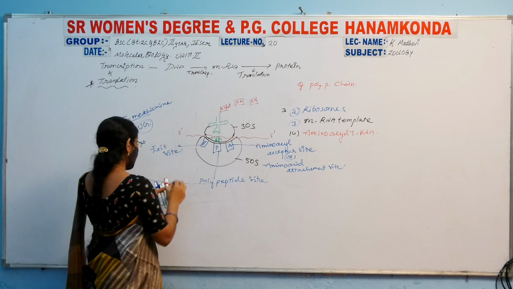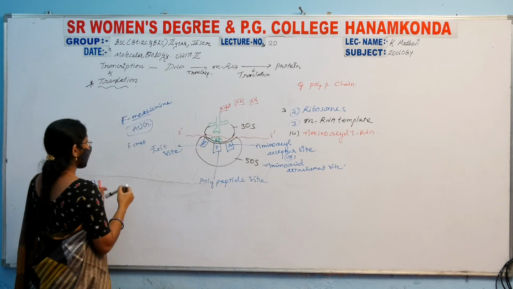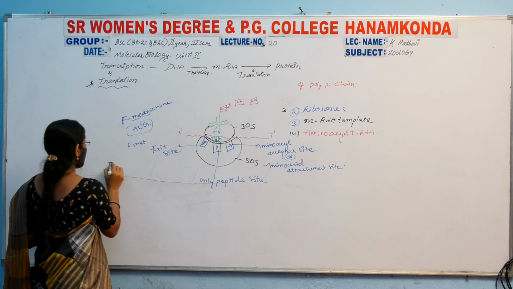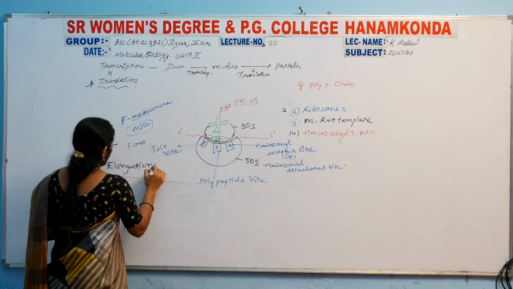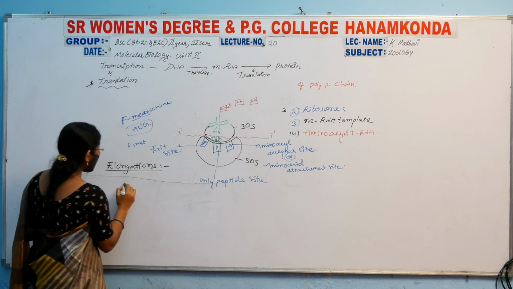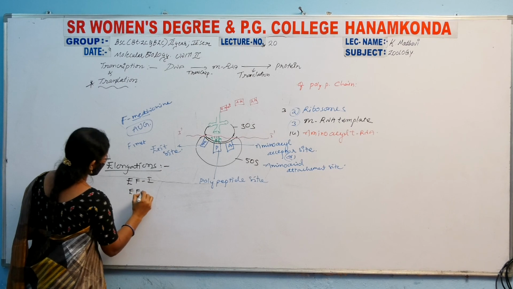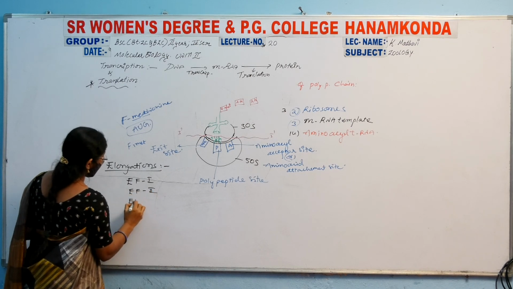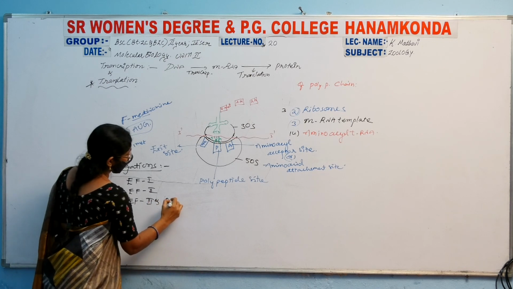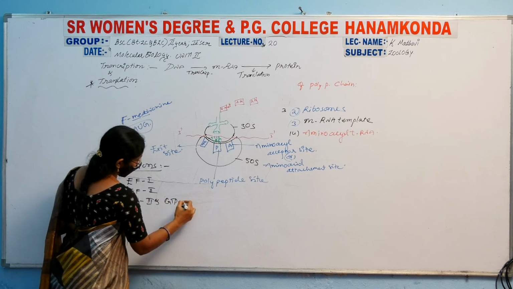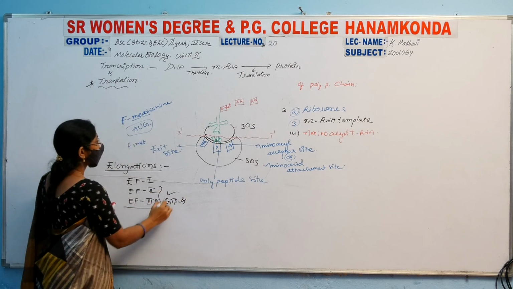This tRNA is attached to this region, and the next one is the elongation process. The elongation process also includes elongation factor 1, elongation factor 2, elongation factor 3, and so on. Also, GTP and GAT are essential in these reactions.